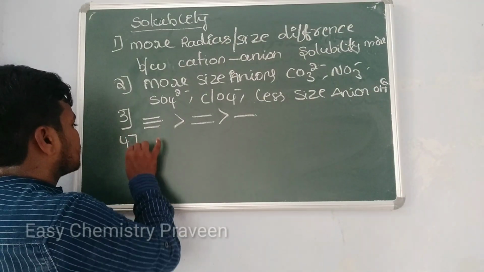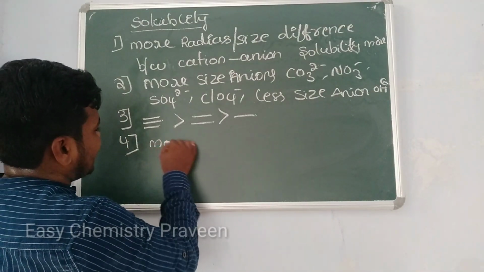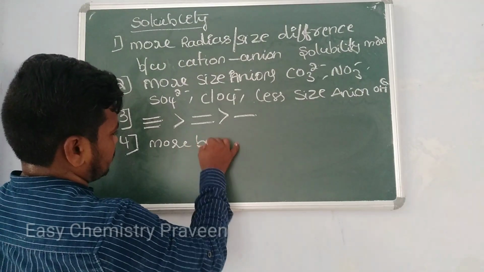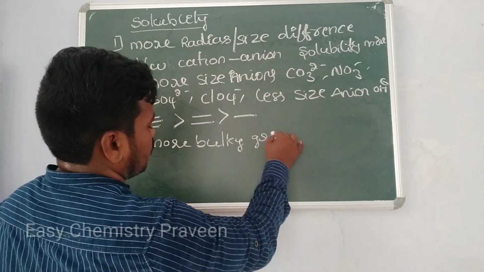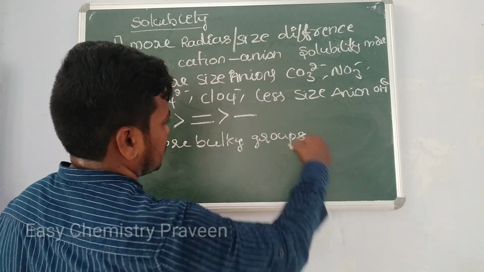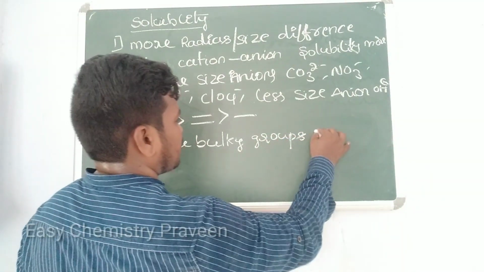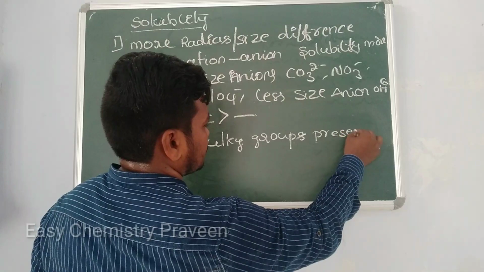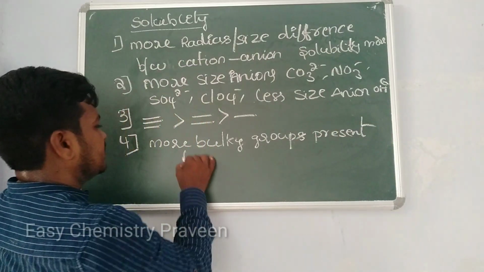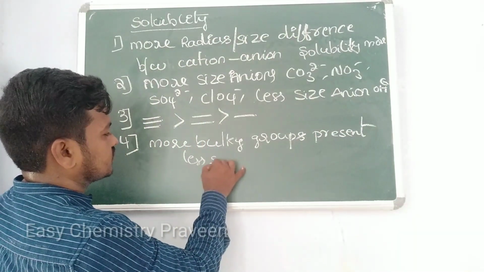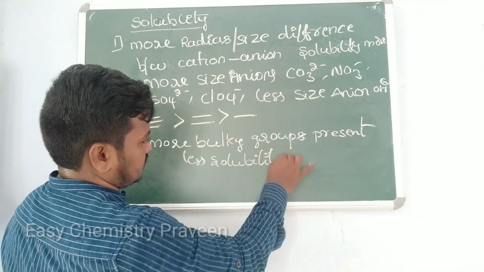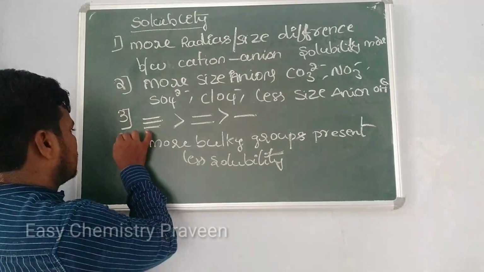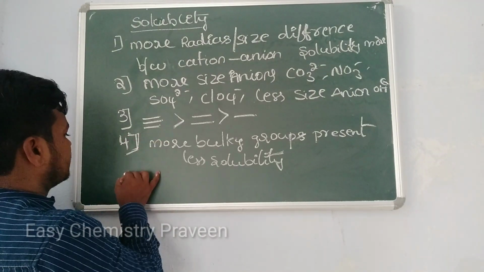Fourth one is if more bulky groups are attached or present, solubility will decrease, less solubility will be there.